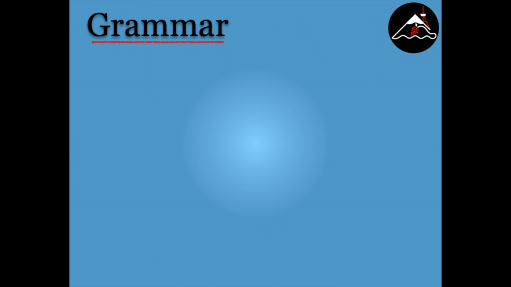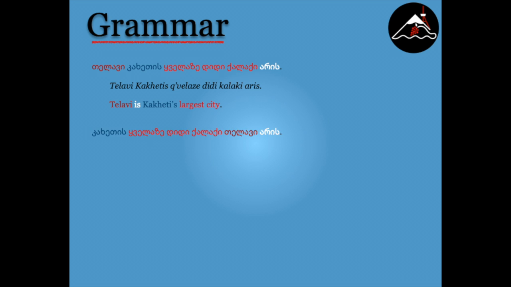Here's a slightly more complex sentence. Televi kachetis qvelaze didi kalaki aris. Televi is Kacheti's largest city. This sentence could also be written as Kachetis qvelaze didi kalaki Televi aris, or Kachetis qvelaze didi kalaki aris Televi, both of which translate as Kacheti's largest city is Televi.